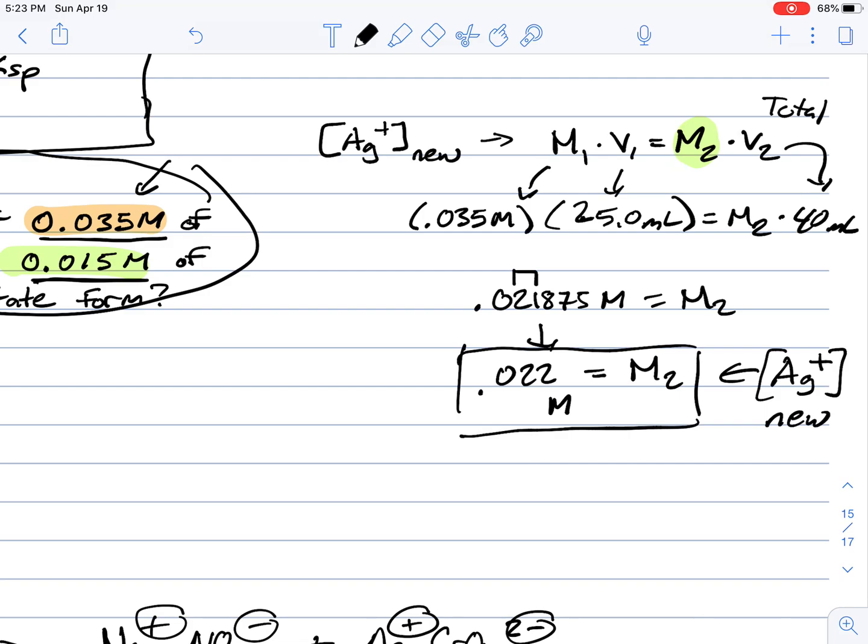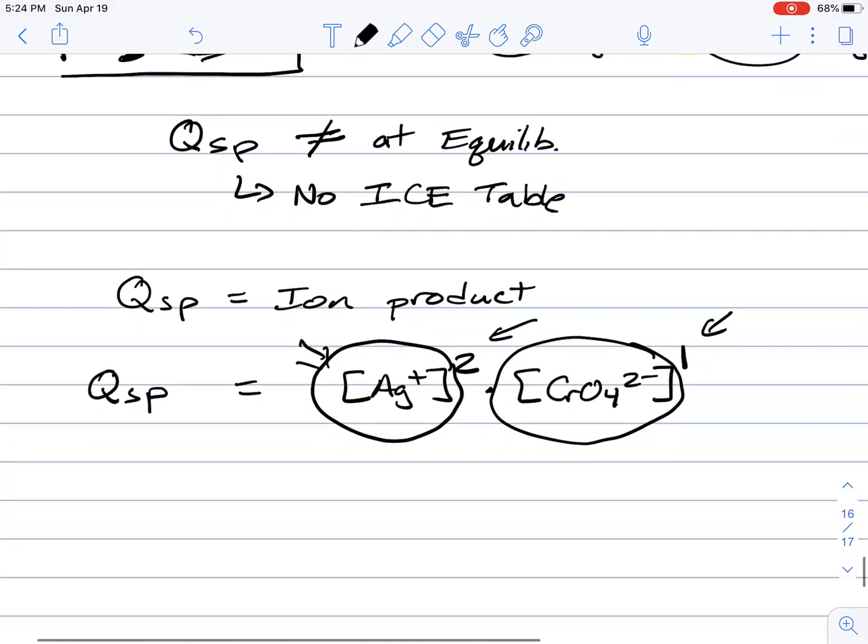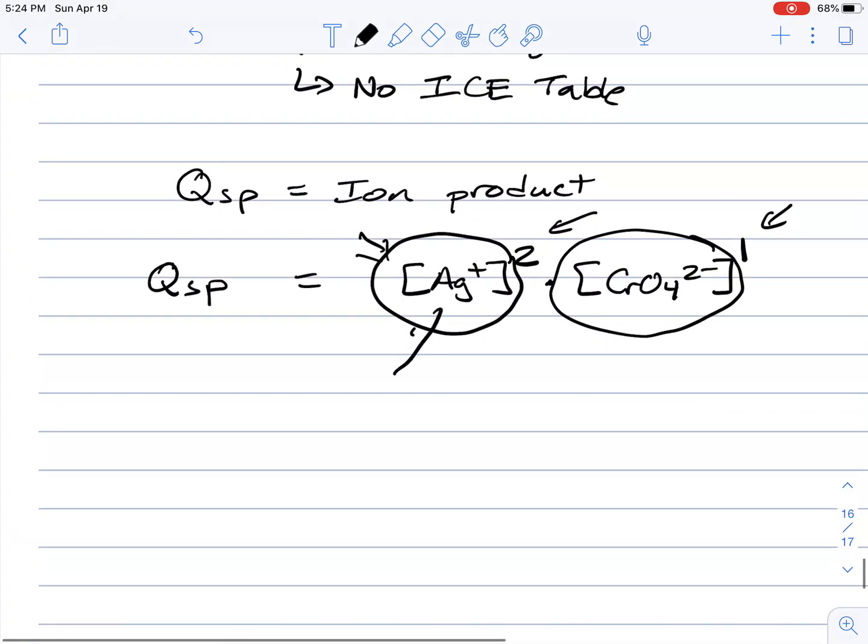All right. And so what I'm going to do is place that new concentration into where it's found in Qsp. And so here, the concentration of silver is going to be 0.022 molar squared.